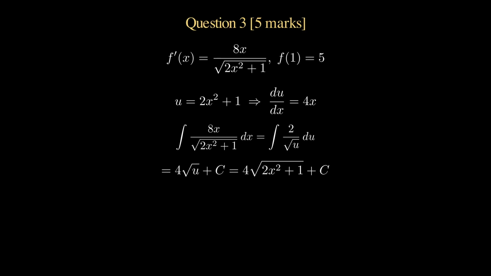Integrating gives 4 root u plus c, which is 4 root of (2x squared plus 1) plus c. Using f of 1 equals 5, we find c equals 1. Therefore, f of x equals 4 root of (2x squared plus 1), plus 1.